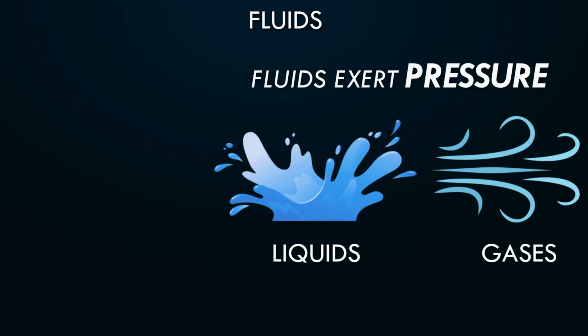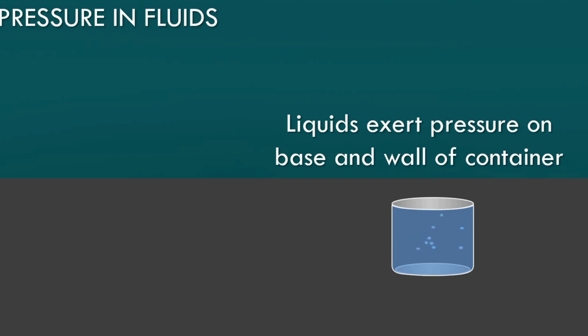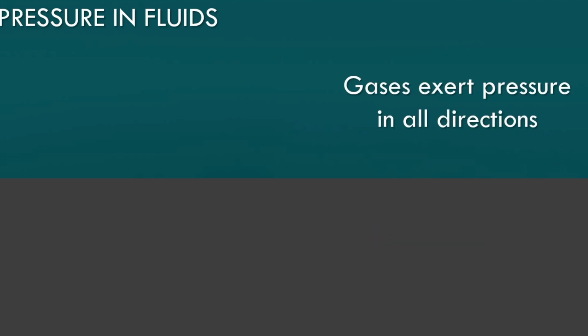Fluids exert pressure. Pressure in fluids. Solids exert pressure due to their weight. Liquids exert pressure on the base and walls of the container. Gases exert pressure in all directions.